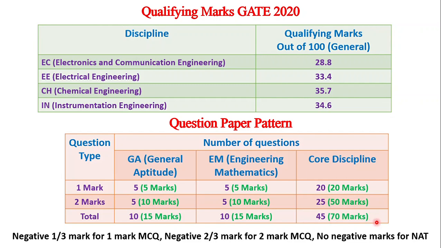This I have found out when I thoroughly went through all the previous 5-year question papers pertaining to electronics and communication, electrical, chemical, and instrumentation. In all these branches, they ask 15% of the questions from control systems.